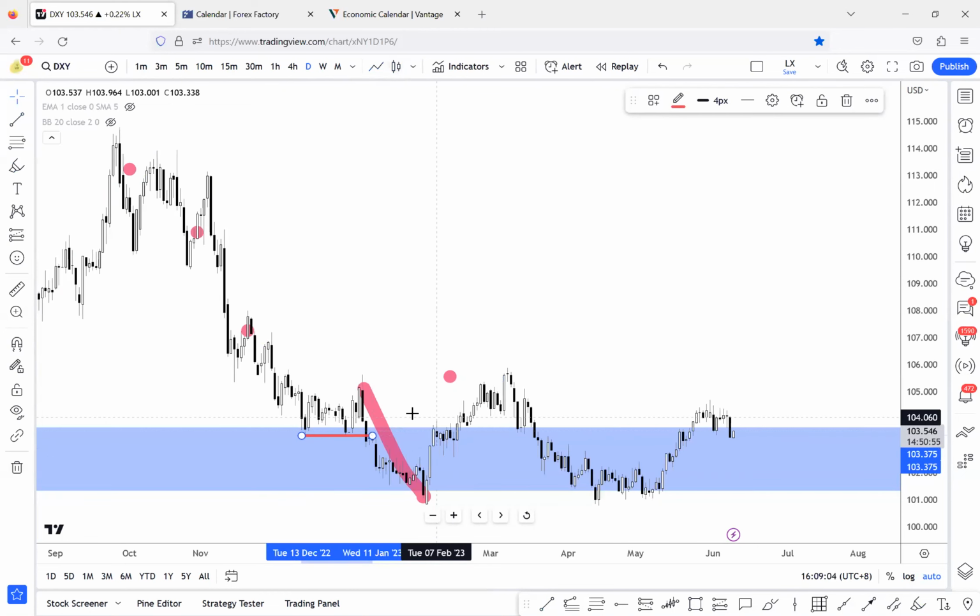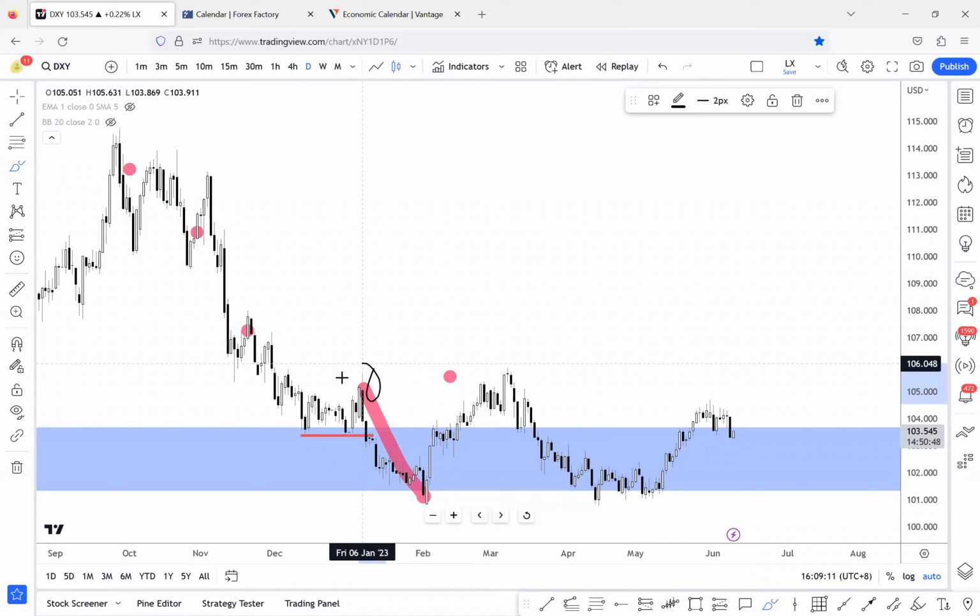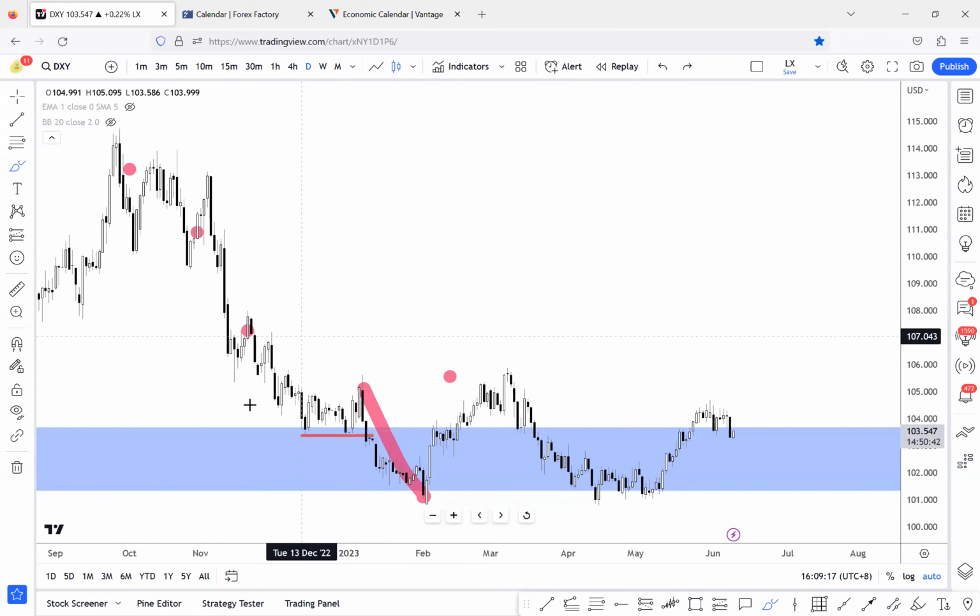So which also means that if price breaks above this region, the last high that we're seeing here, what this potentially means is that this could be an end of the downtrend. So when price pushes into the support level, we could see subsequent lower lows and lower highs coming into this support zone, and this is where the downtrend was established.